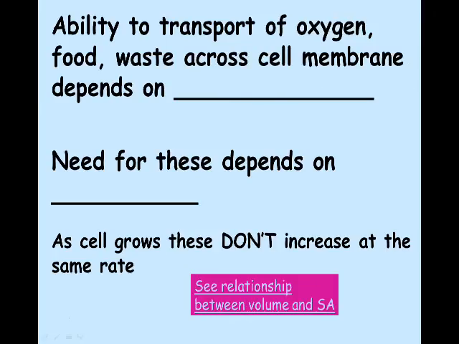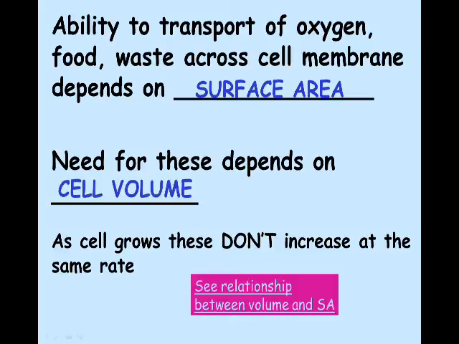The ability to transport oxygen, food and waste across the cell membrane depends on how much membrane you have. That's surface area. Remember, the cell membrane goes around the surface of the cell, so surface area is an indicator of how quickly I can transport things into my cell.